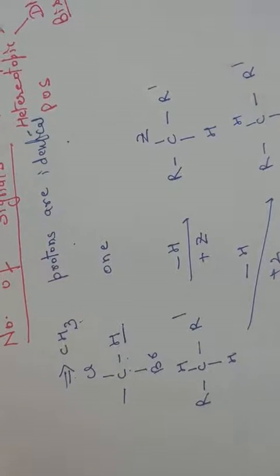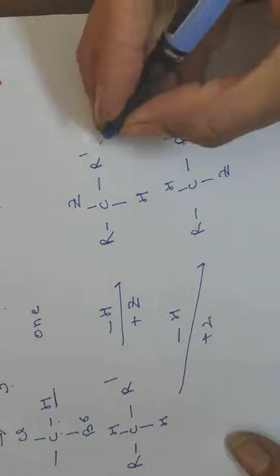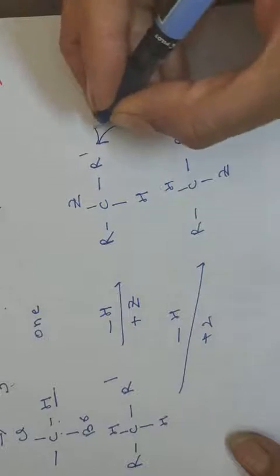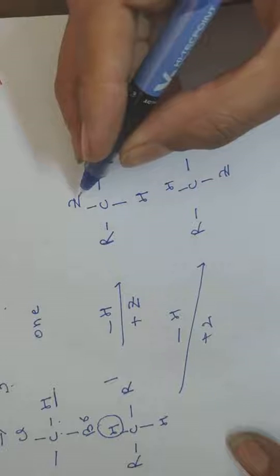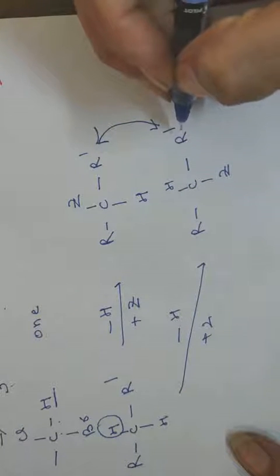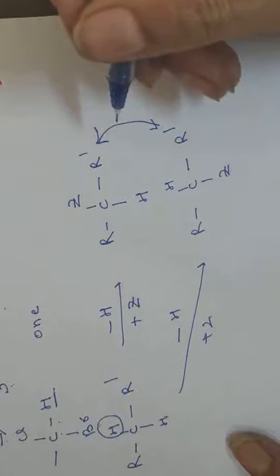We have seen in the previous video lecture that these two are enantiomers of each other. So if after the replacement of these protons you get enantiomers of each other, then the protons are said to be enantiotopic in nature.